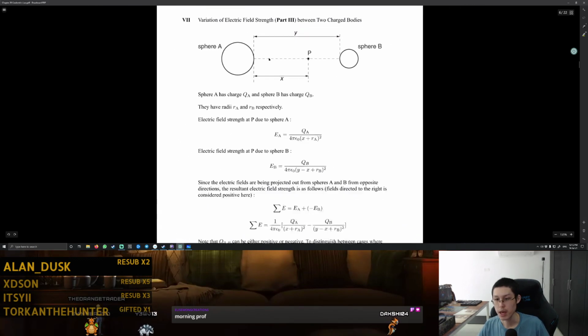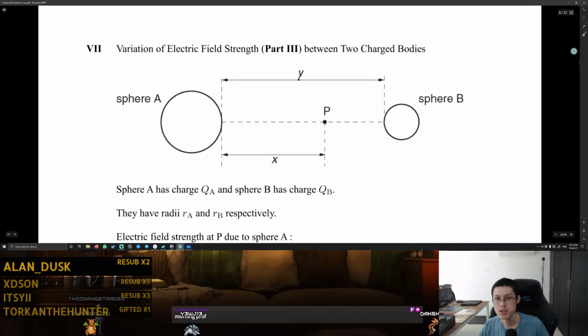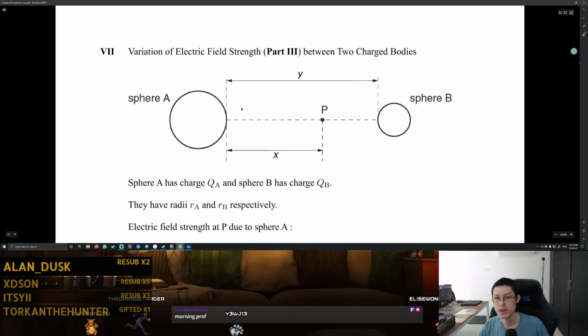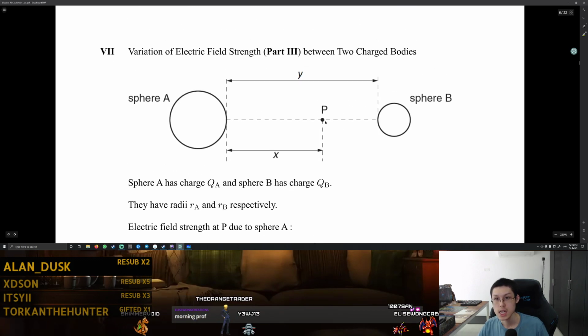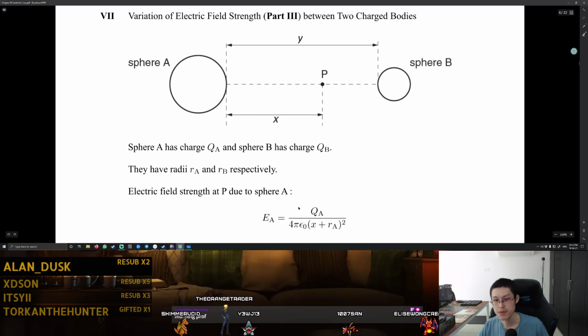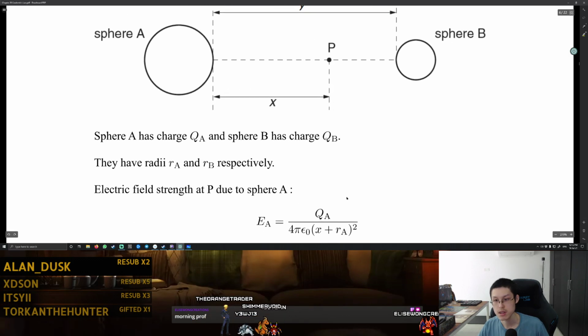If you look at page 6 of your notes, you have 2 spheres, right? And let's say the electric field strength of sphere A, we can write it as this. You can see it, right? So the charge of A over 4 pi epsilon r squared.